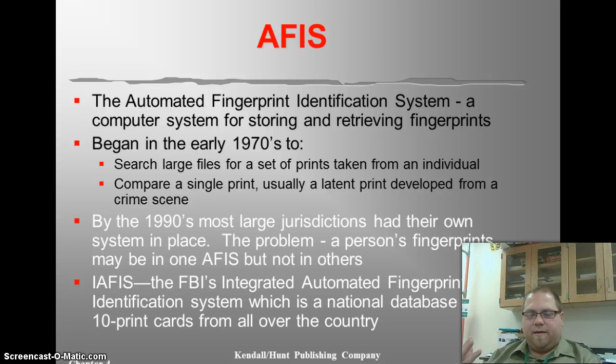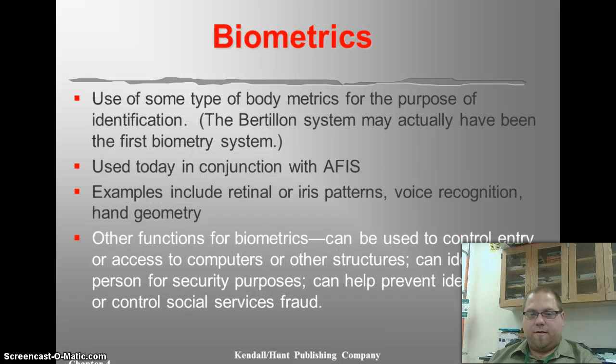Right now I think we have like 55 million or so prints in it. They've been working over time to consolidate. And you have the FBI's IAFIS, the Integrated Automated Fingerprint Identification System, which is a national database that takes those cards.